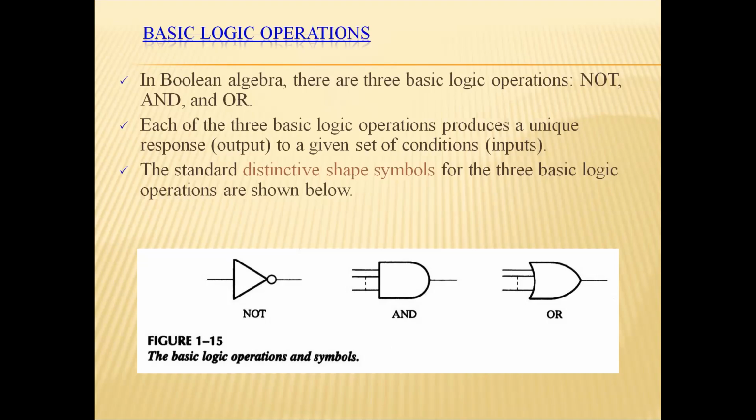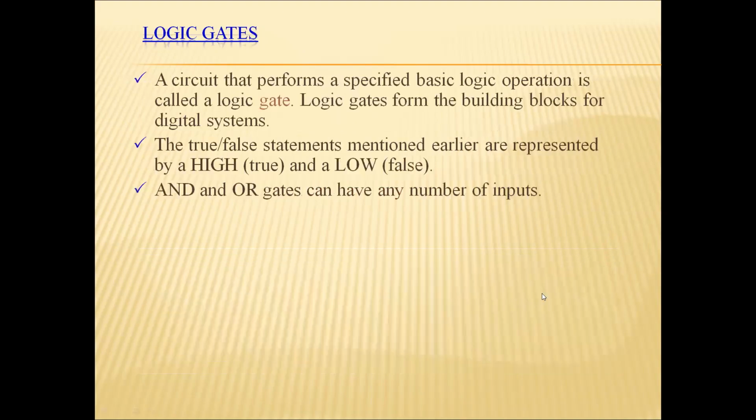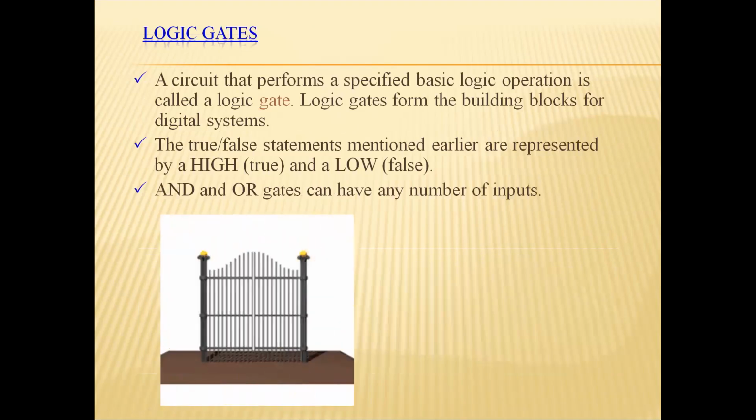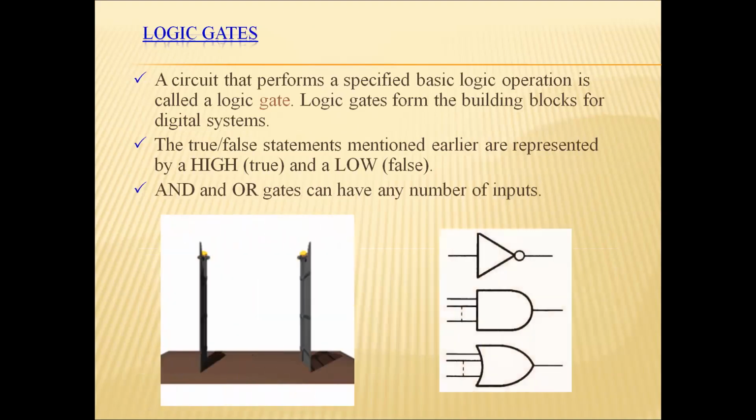So basically there are three kinds of operations: NOT, AND, OR. The symbols are given here. This is NOT, this is the AND operation, this is the OR operation. As you can see, it is called a gate. So that means there is a NOT gate, AND gate, and OR gate. Why is it called a gate?